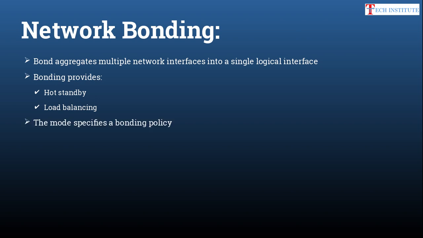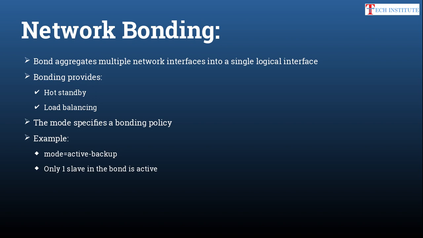There are bonding modes, which specify a bonding policy. One example, as I was giving you, is active backup. In that case, only one slave is active, so you may have two slaves under the bond device. Here slaves means nothing but the underlying physical NIC cards.